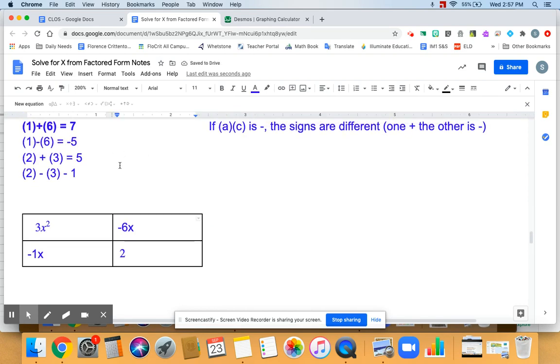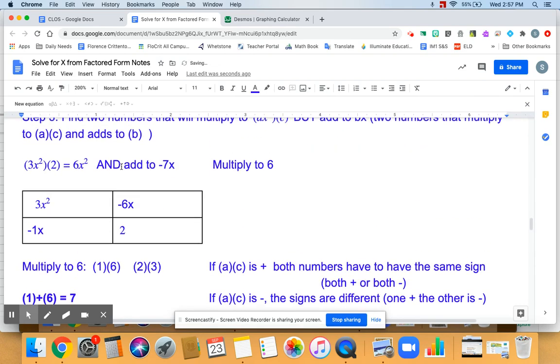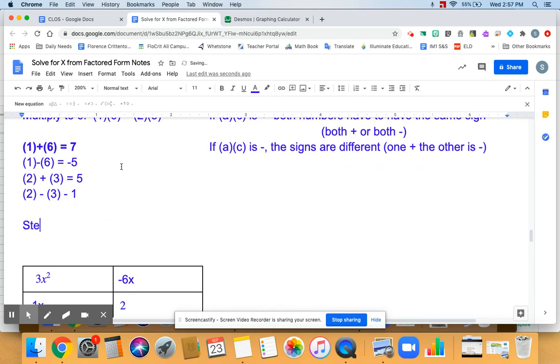My next step, step 4, is to figure out the sides by factoring out.